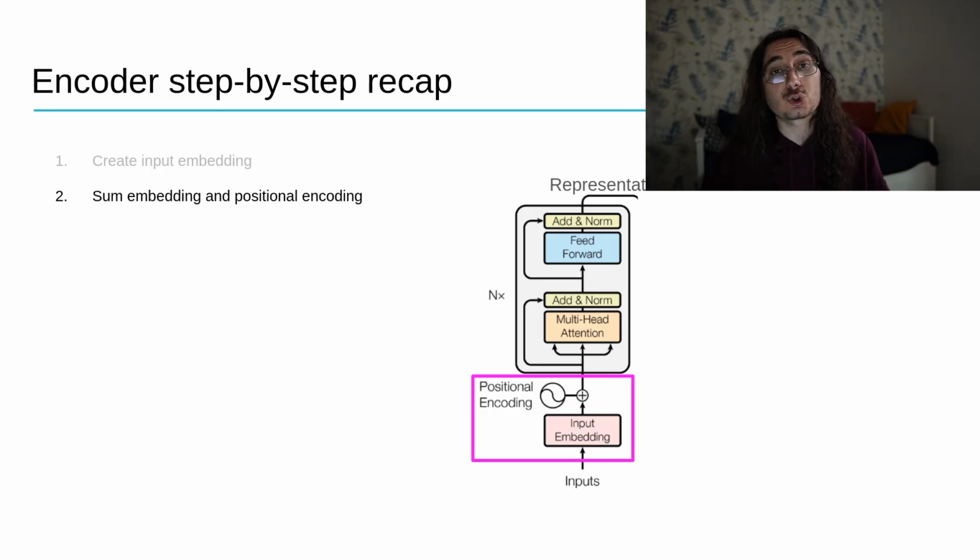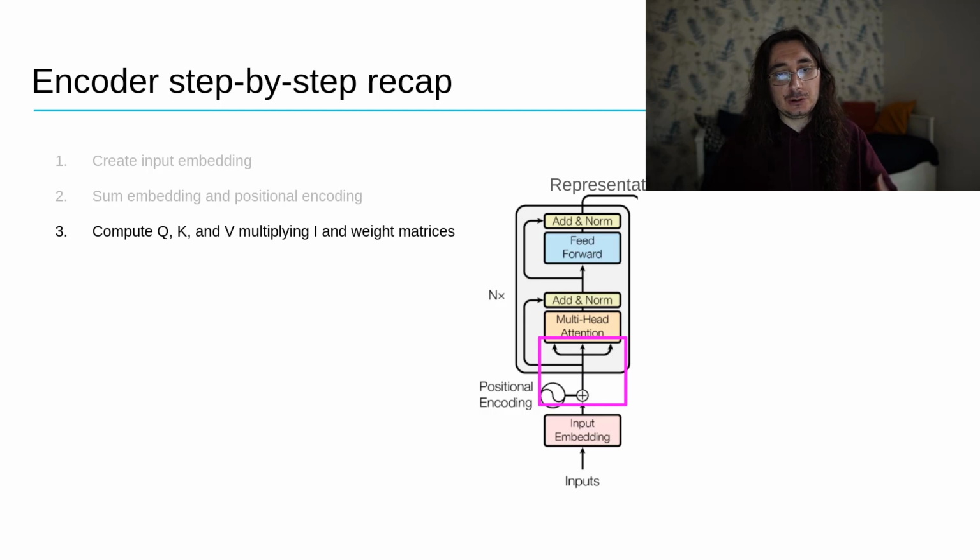We feed this transformed input into the first encoder block and we compute the query, the key, and the value matrices by multiplying the input embedding with the relative weight matrices.